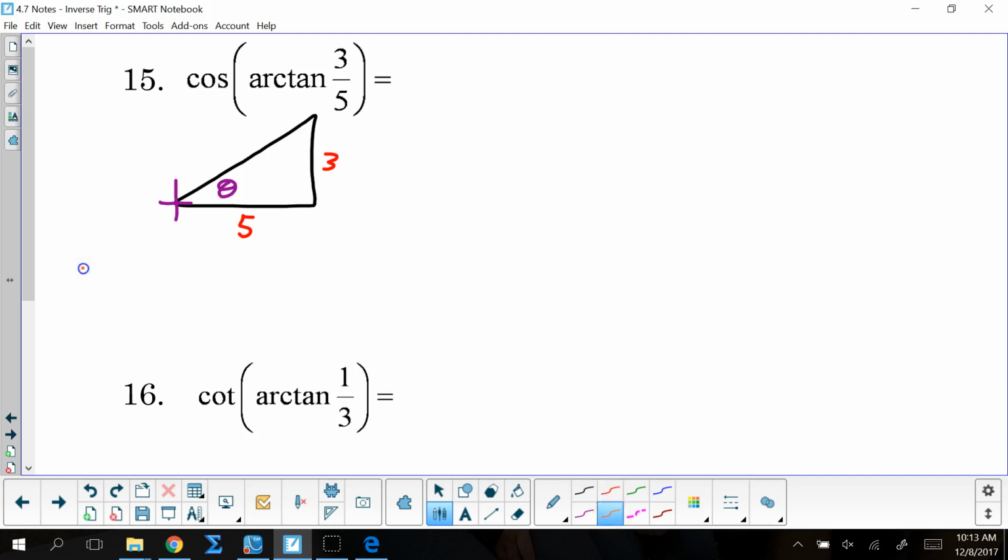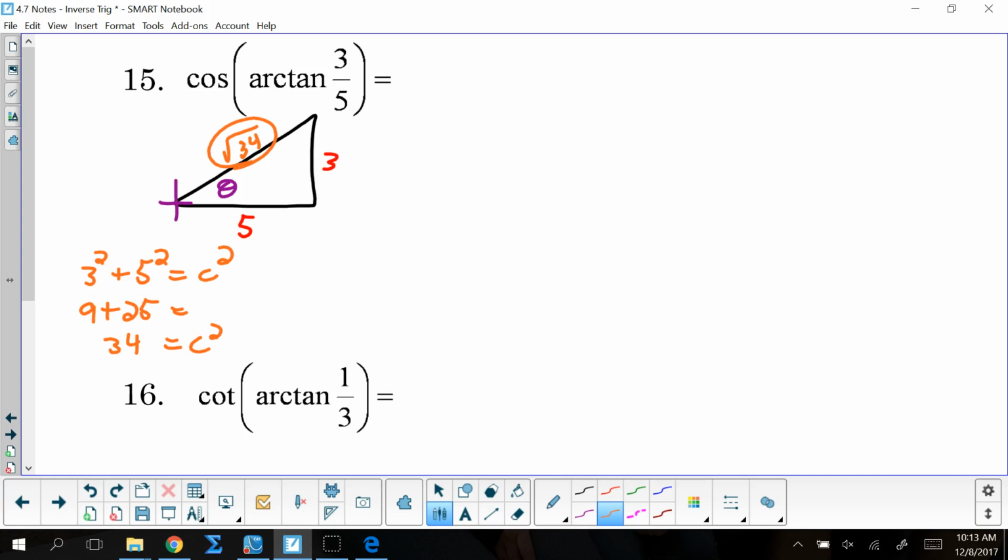Because I've got 3 squared plus 5 squared equals c squared. So that's 9 plus 25. So that's 34 equals c squared. So this is the square root of, that should be a 4 in there. That's much better, 34. Okay.